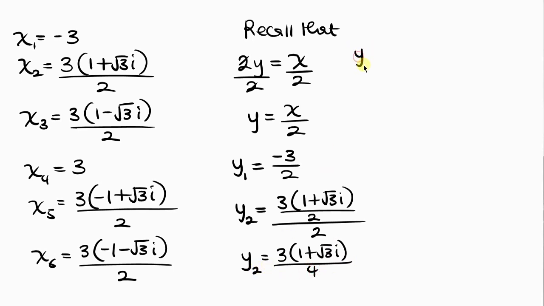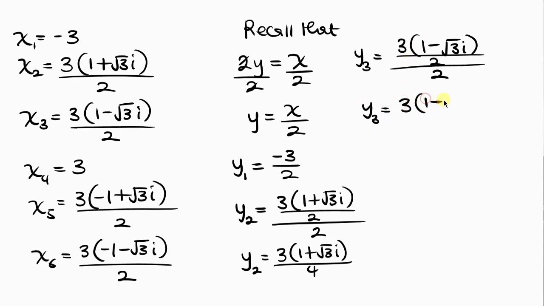Now the third solution for y, this is when x is equal to 3 times 1 minus root 3i all over 2. Remember, this is divided by 2, and this will give the same result like this. So y sub 3 will be equal to 3 times 1 minus root 3i all over 4. Now, the fourth solution for y, this is when x is equal to 3.